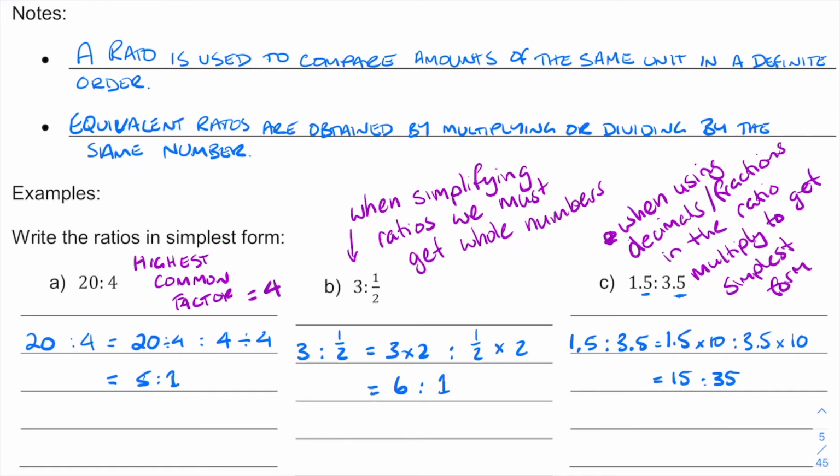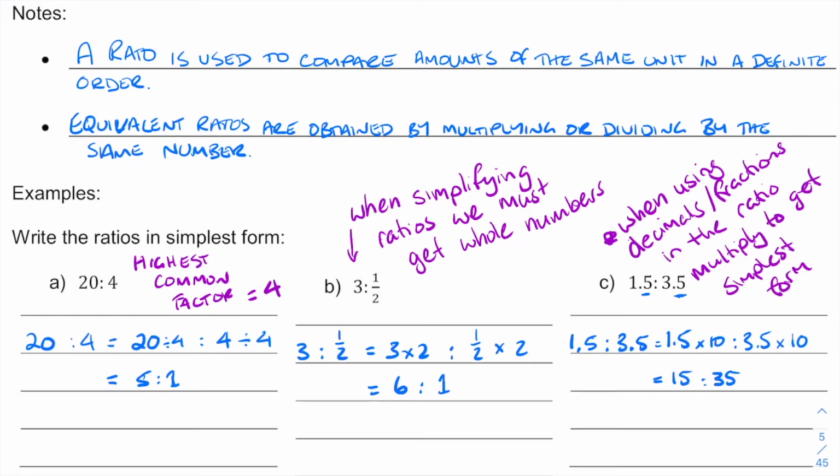So, for example, in the first one, we have 5 to 1. They're both prime numbers. Simplest form. In the second one, we have 6 to 1. 1 obviously is not a composite number. So that's simplest form. And now we need to do the same for this one.